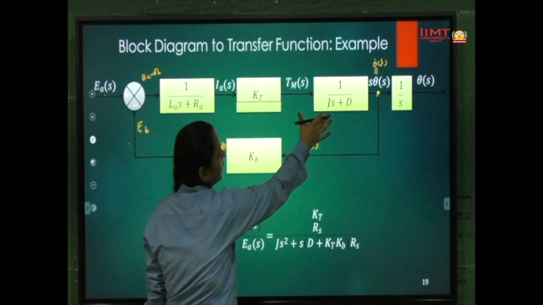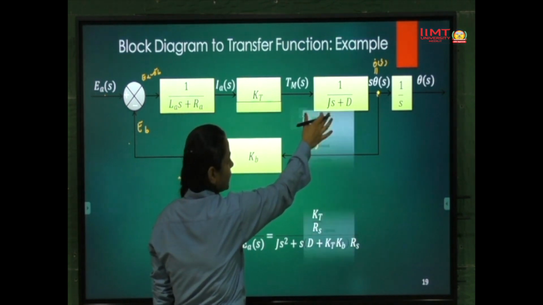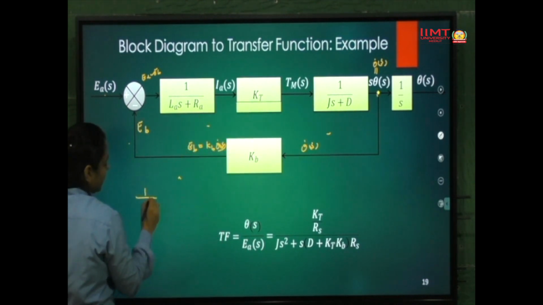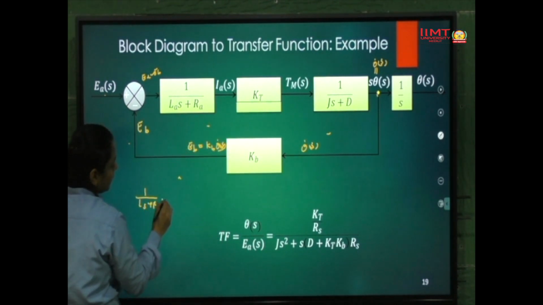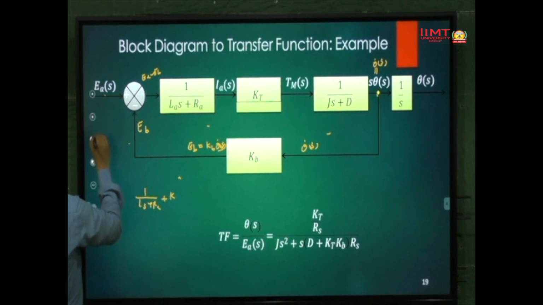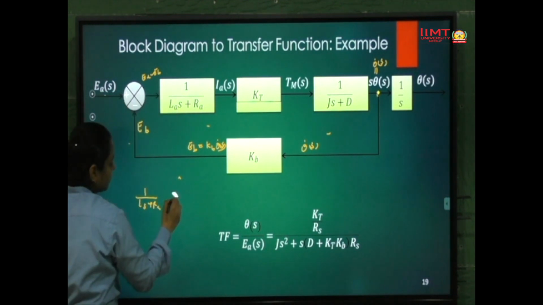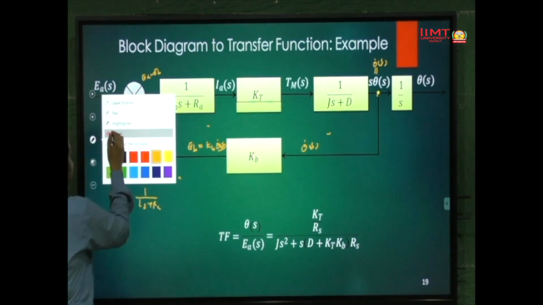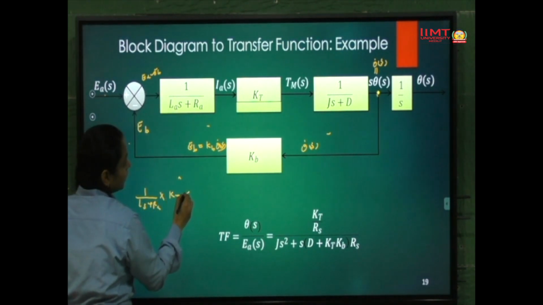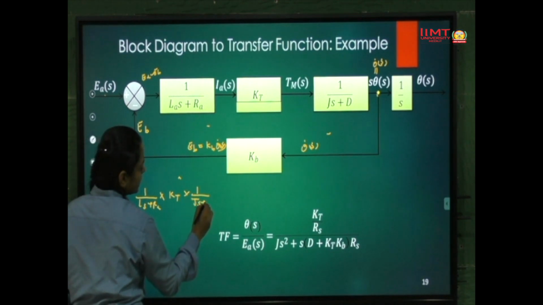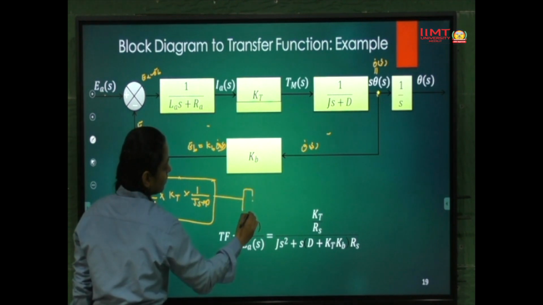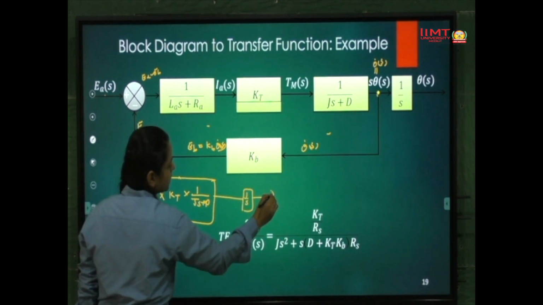These three blocks are in cascade, so we can simply multiply them: 1 by LS plus RA, into KT, into 1 upon Js plus D, and then 1 by S, and the output is theta S.